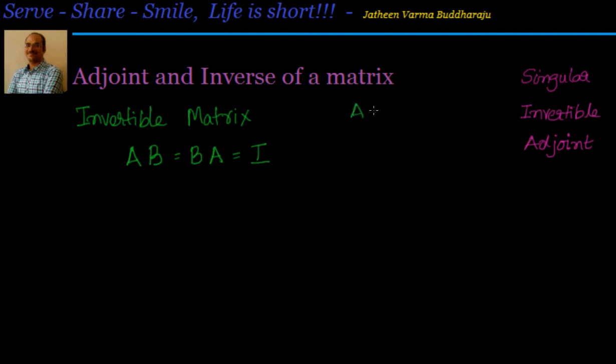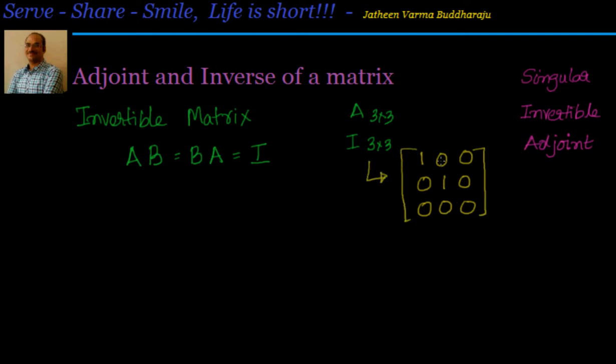That means if A is 3 by 3, I is also 3 by 3. I am sure you are aware of how I looks. I of 3 will have 1 0 0, 0 1 0, 0 0 1. So this is what a unit matrix of order 3 looks like. Order 3 means 3 rows and 3 columns.